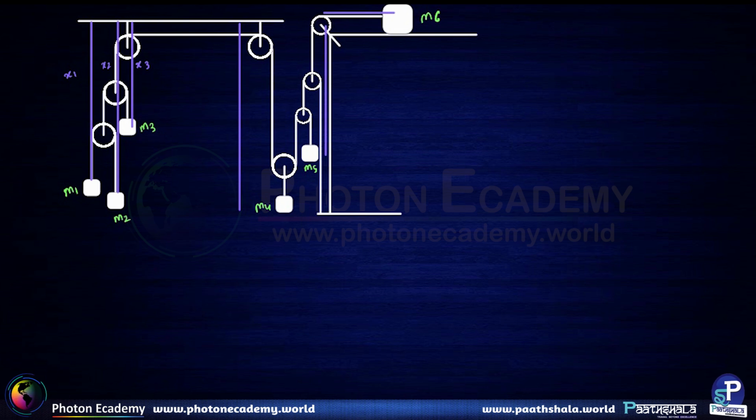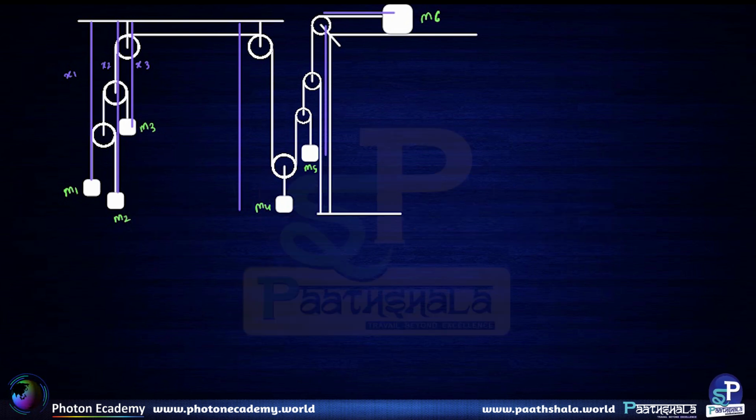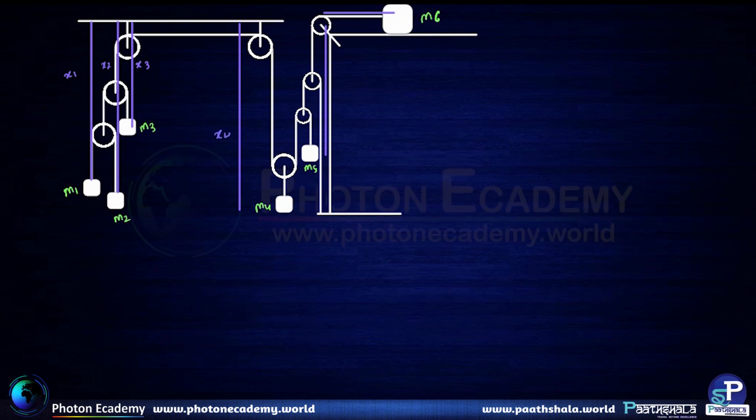So on double differentiating in order to get accelerations, or in some questions on differentiating in order to get the relation between the velocities, we still get 0 because the derivative of a constant position vector is going to come out to be 0. So let me label these. So this is x4, this is x5, and this happens to be x6.